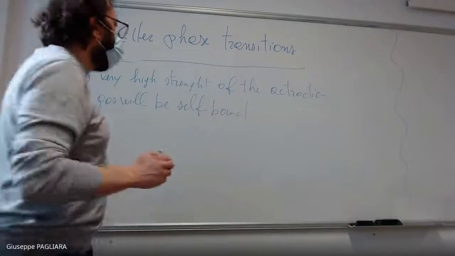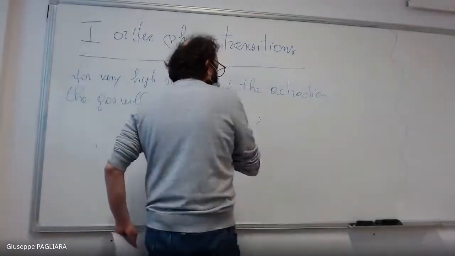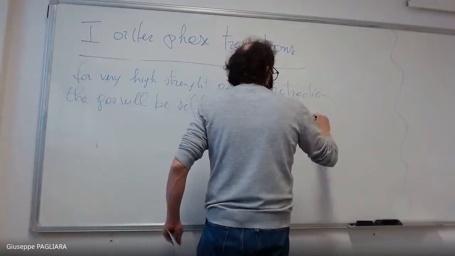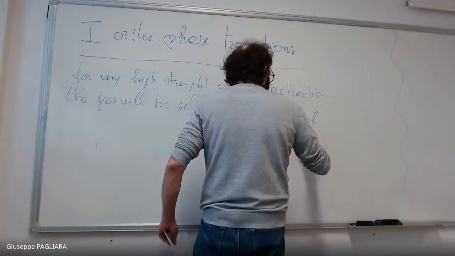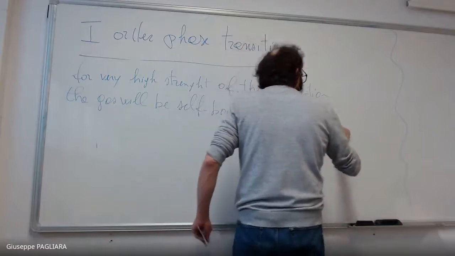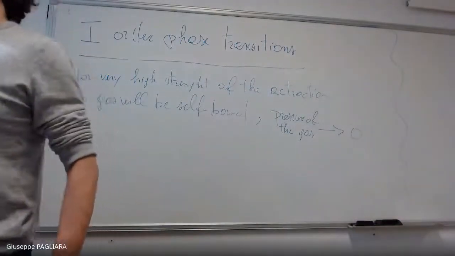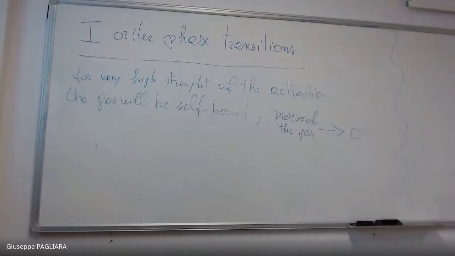And self-bound means also that the pressure of the gas approaches zero. Because if you have a finite pressure, then of course a gas with a finite pressure will try to expand. Well, finite pressure with respect to what?